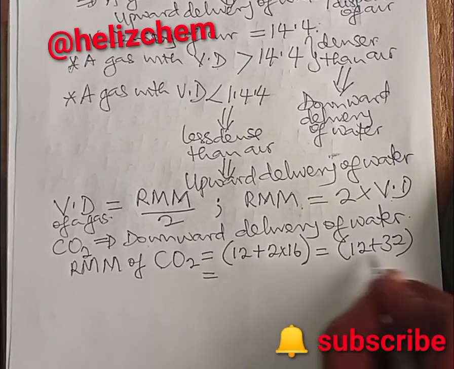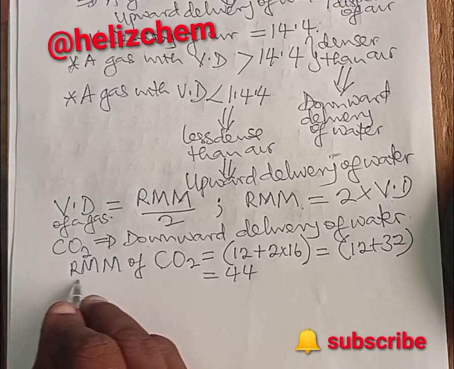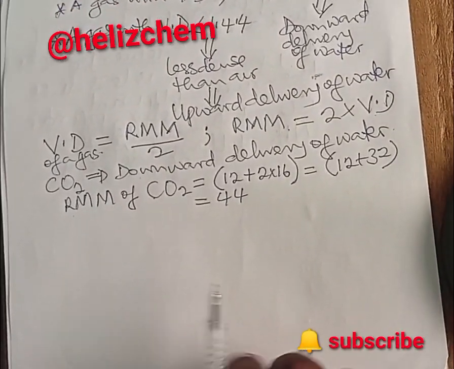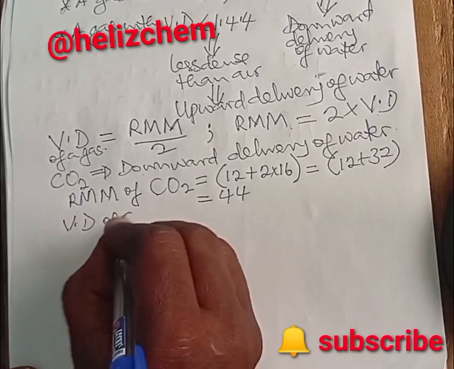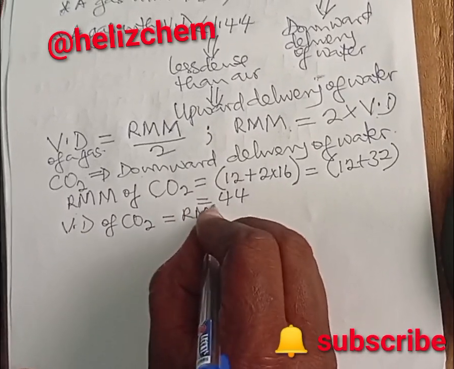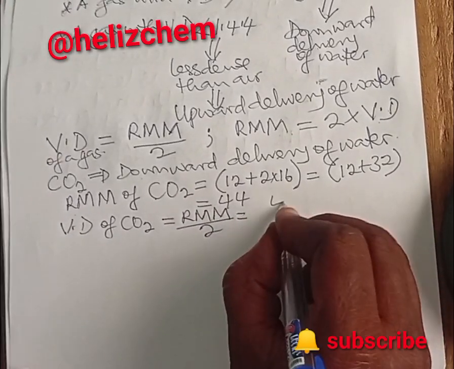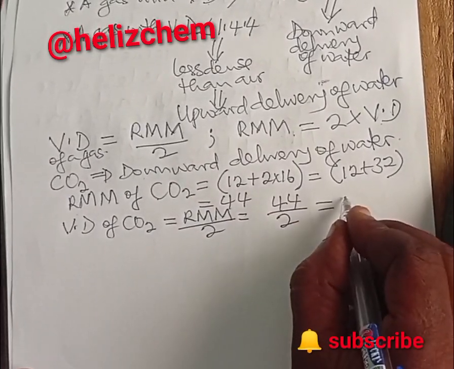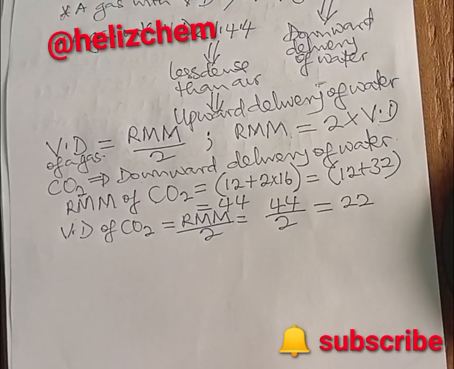If you sum 12 plus 32, you will get 44. That is the relative molecular mass of CO2. Now, the vapor density of CO2 will be relative molecular mass divided by 2, which gives us 44 divided by 2. If you divide 44 by 2, you get 22, which is the vapor density of CO2.